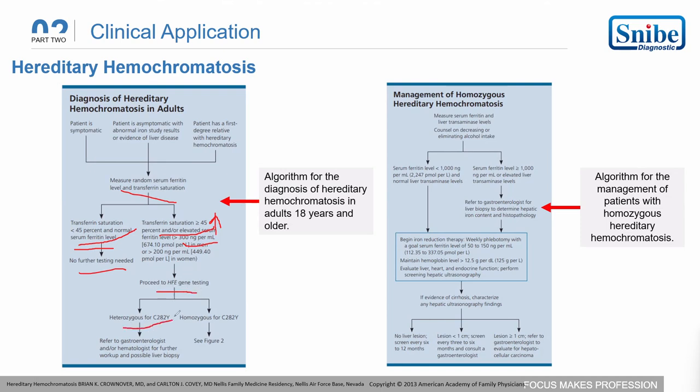Those heterozygous for C282Y or homozygous for C282Y are referred to a gastroenterologist and a hematologist for further workup and a liver biopsy to rule out liver cirrhosis and other gastroenterological processes.